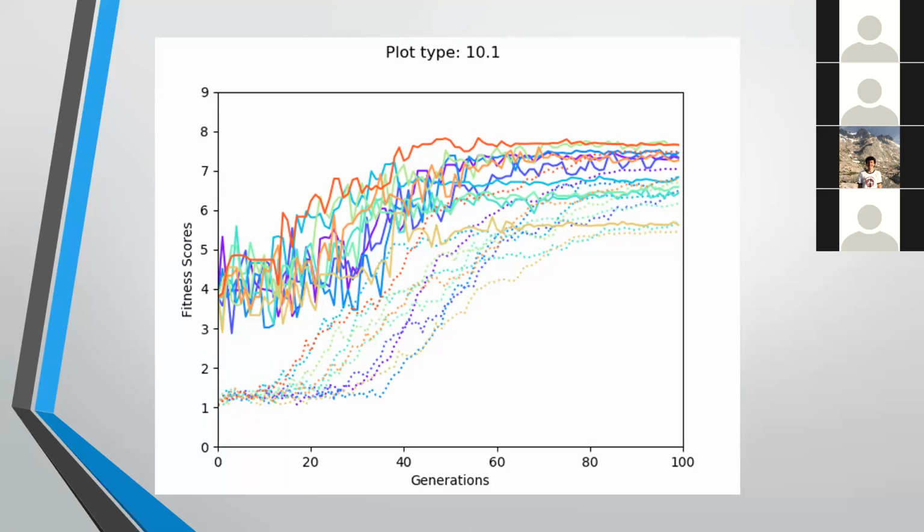The dotted lines are the average, by the way, and these are the high scores. Really, most of the time you care the most about the high score, because once you get an optimized object or solution, you just take the best one and make a bunch of them. But for the case of this research, we wanted to know the complete data in these graphs.